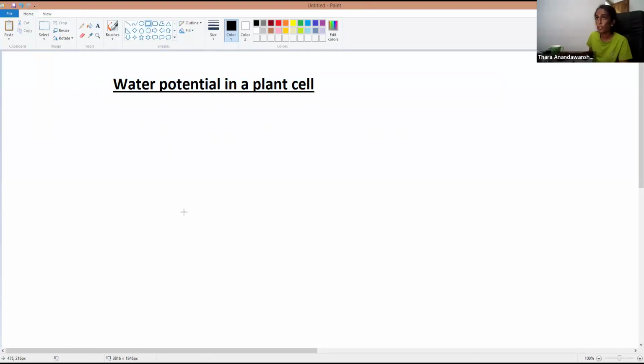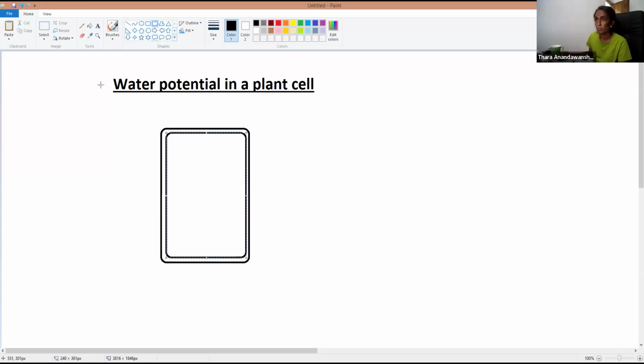So I'm drawing a plant cell here. In the plant cell, the outermost layer is the cell wall. Inside there's a large central vacuole and the nucleus is all there.